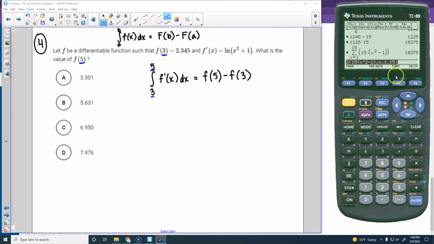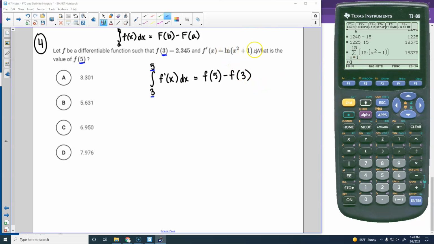So on the calculator, you're going to go to F3, which is calculate, and you're going to pick number 2, which is integrate. Get the integral symbol here.